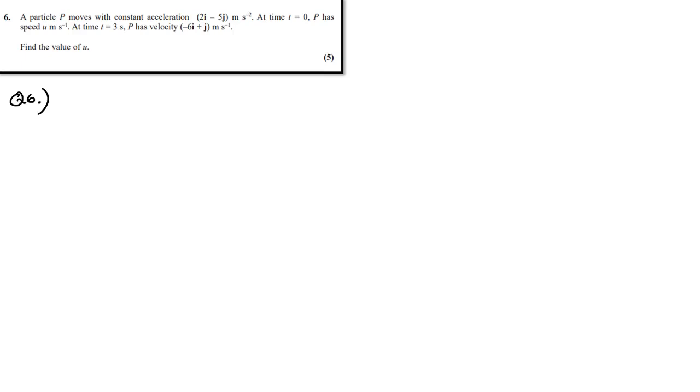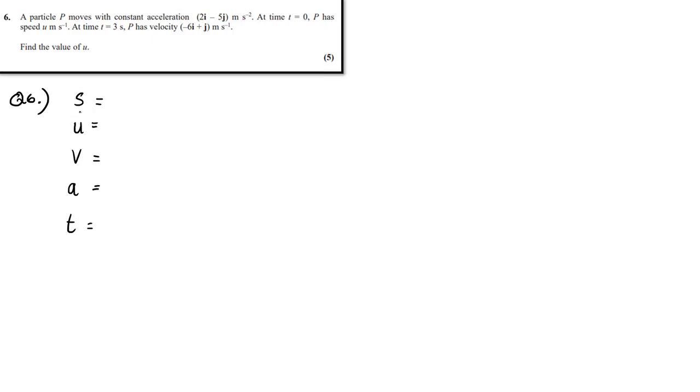Because we know we have constant acceleration, we can use our SUVAT equations. When we don't have constant acceleration, we can't use SUVAT, but because we're told it has constant acceleration, we can. So I'm going to write S, U, V, A, and T, and now we need to define the letters that we know.